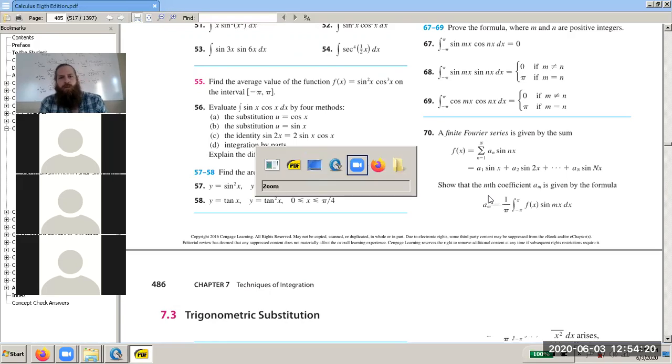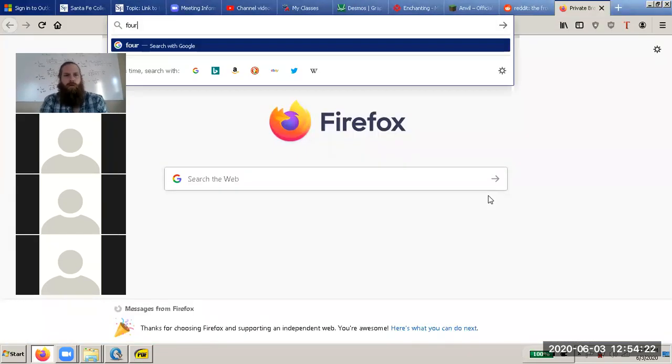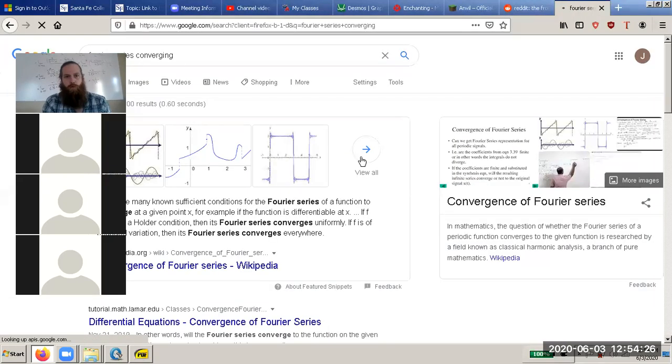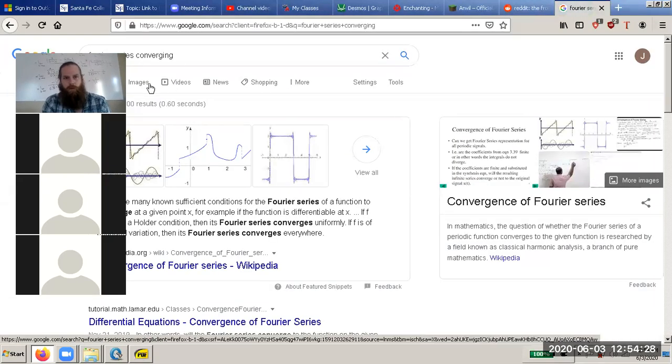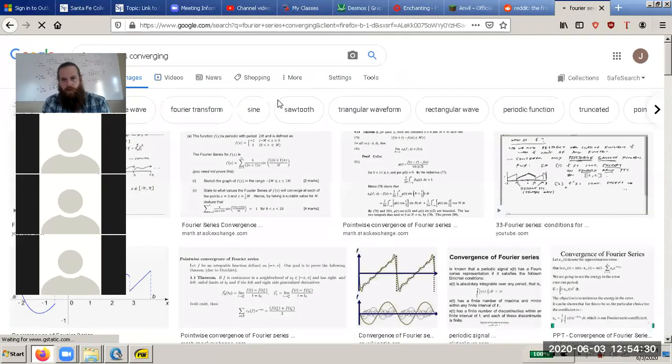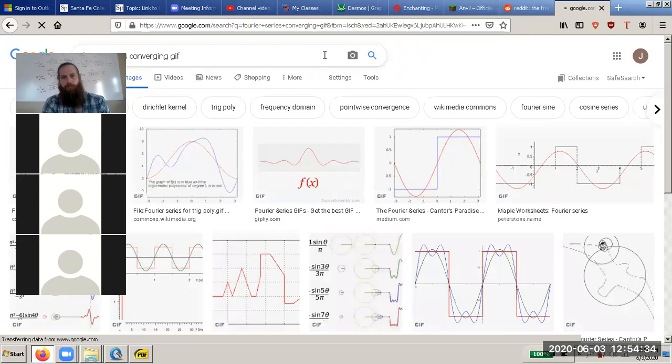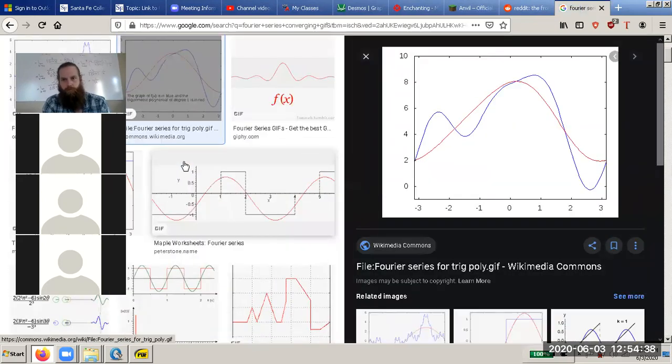What a Fourier series lets you do is uniformly approximate a function. So I want a GIF. So you see the red function is going to get closer and closer to the blue function.